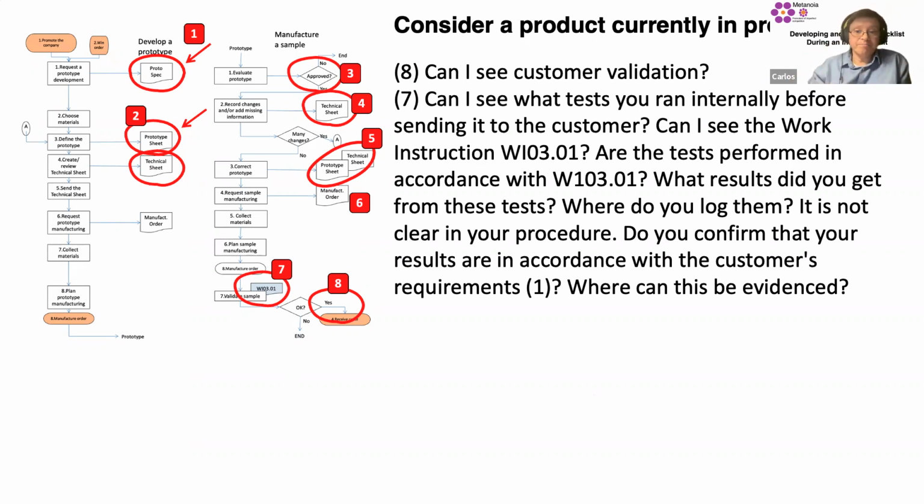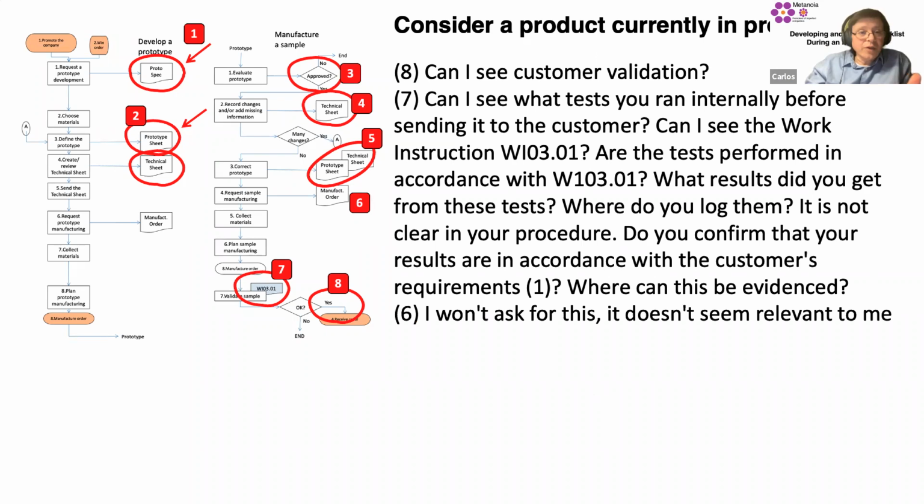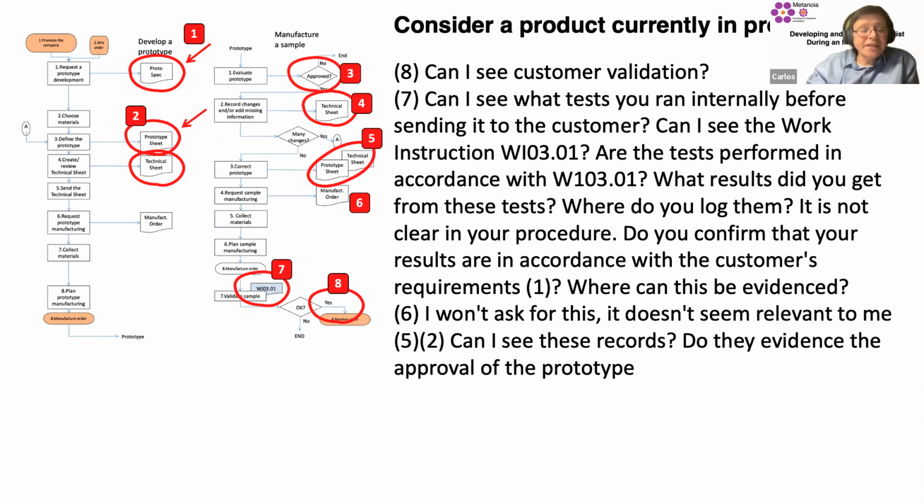Where do you log them? It is not clear in your procedure. So do you confirm that your results are in accordance with the customer requirements on point 1? Where can these be evidenced? So about the sample manufacturing, the manufacturing order, I think it is not relevant to me. So regarding topics 2 and 5, can I see these records?